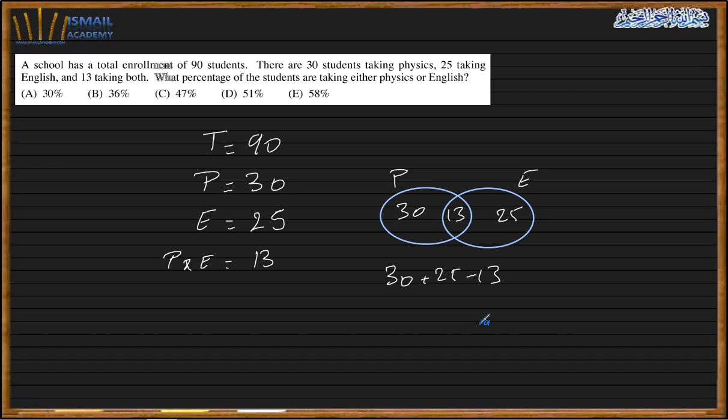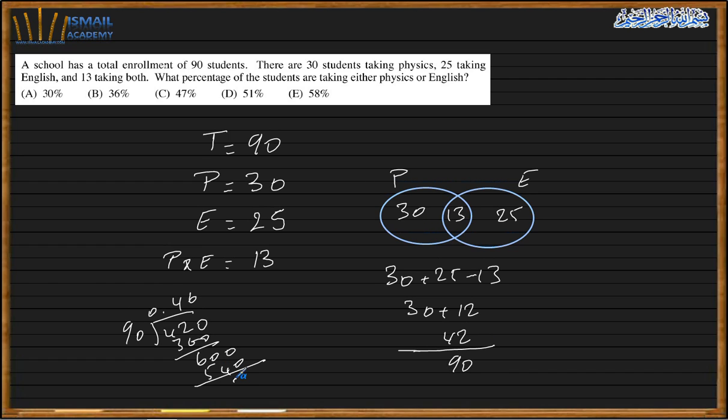Those are taken out of 90, so C is my answer.